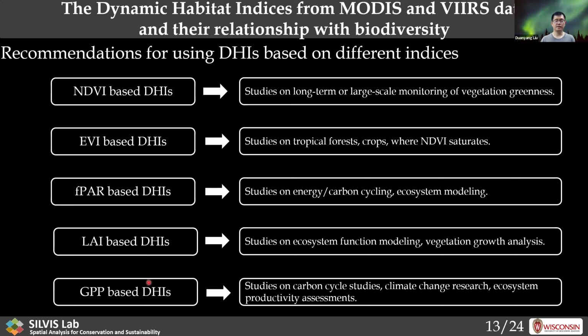The GPP is a direct measurement of carbon uptake from photosynthesis and integrates many physiological processes. And so the DHI based on GPP is more suitable for carbon cycle study, climate change research, or ecosystem productivity assessment.